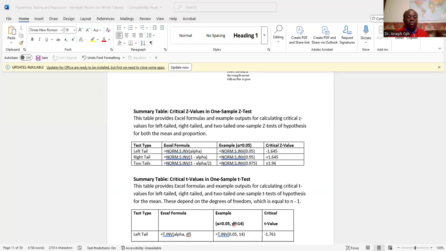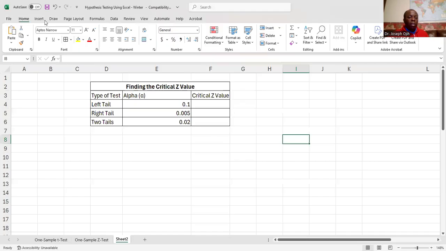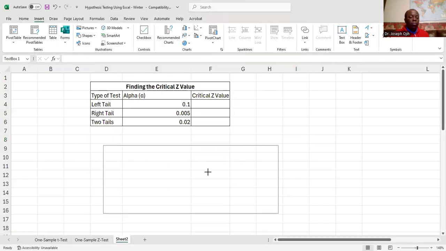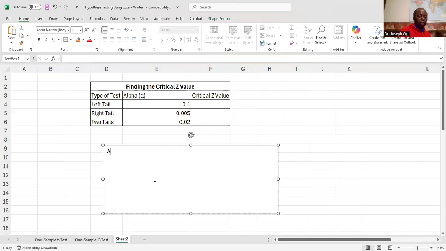So the formula for part A, the left tail test with alpha 0.10, will be like this.